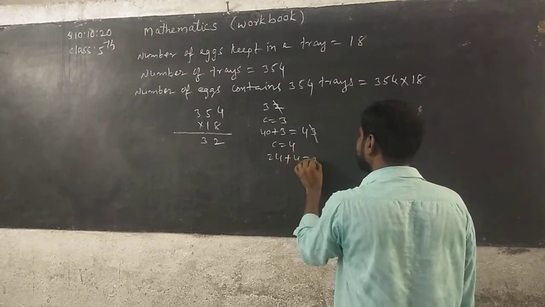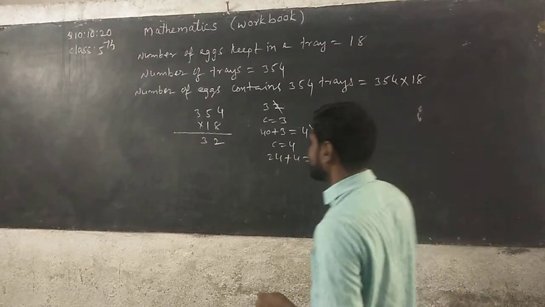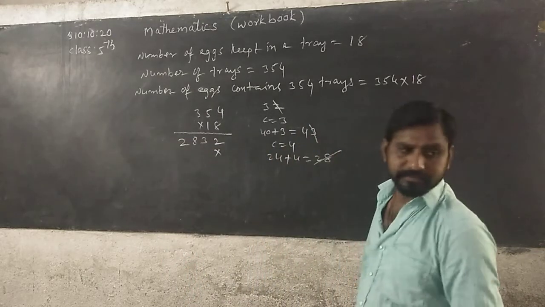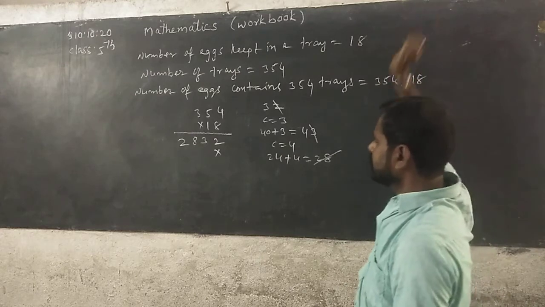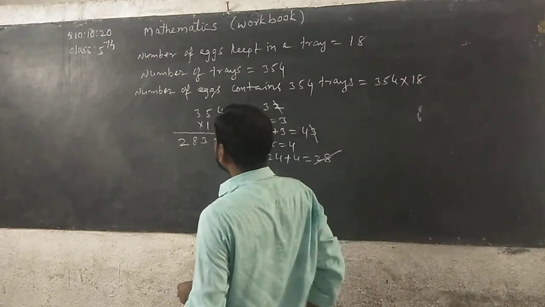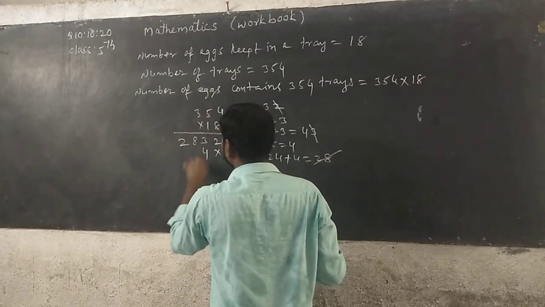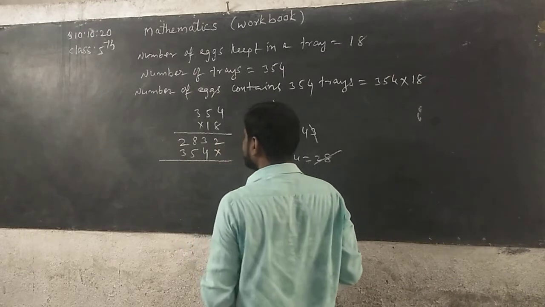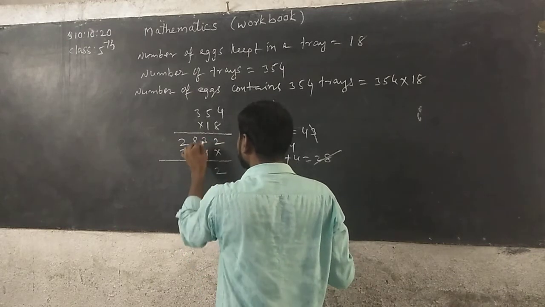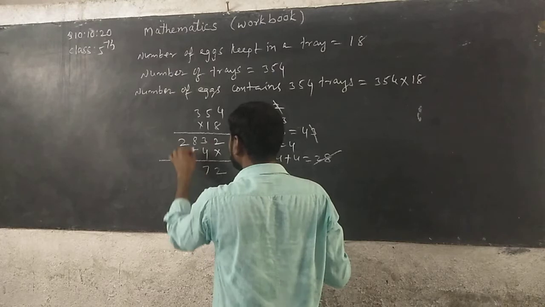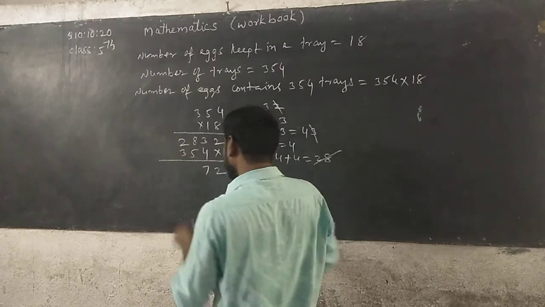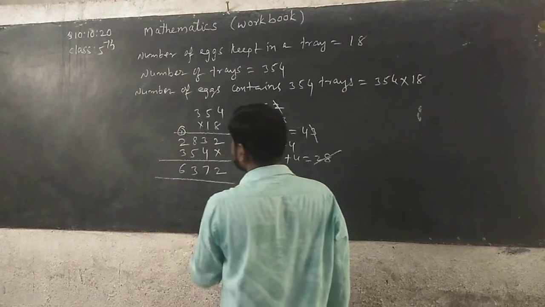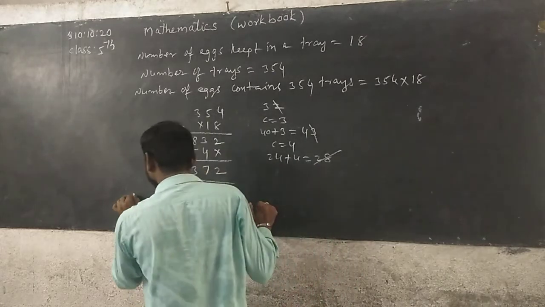So 4 is added to 24, you get 28. Total you can write here. Now ones place cut it. See here, 1 multiplied by every number, you get the same number. 1 4 is 4, 1 5 is 5, 1 3 is 3. See here, 2. 3 plus 4, 7. 8 plus 5, 13, 3 taking, 1 carrying. 1 plus 2, 3 plus 3, 6.